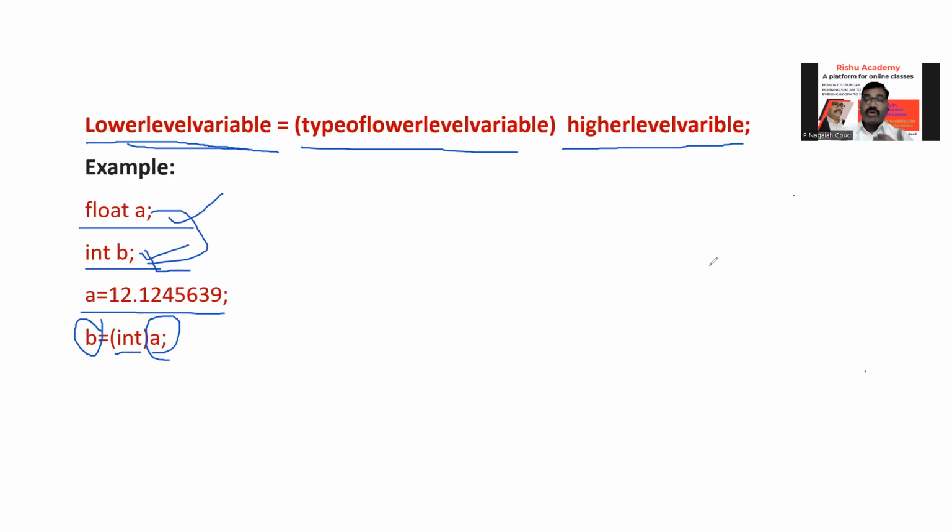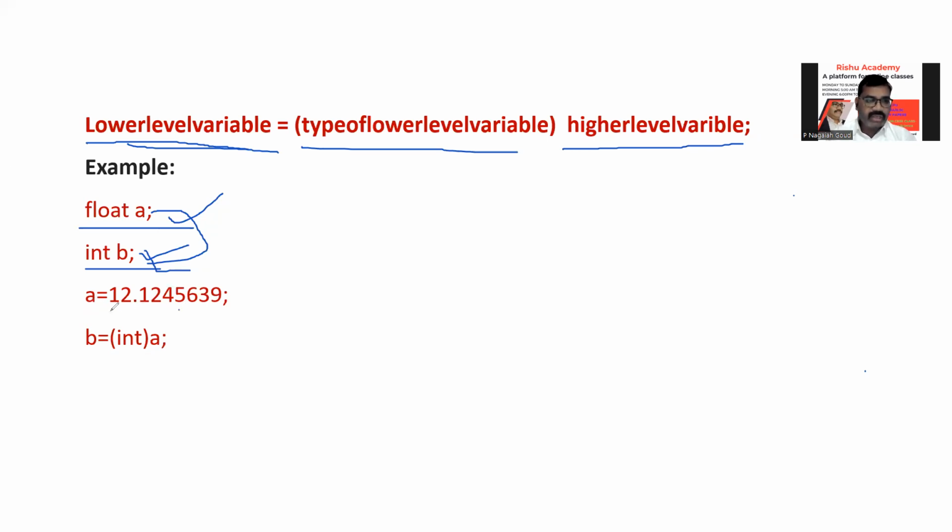So the programmer has to take care of converting higher order variable into lower order variable. During explicit conversion, there is a loss of data. In this example, what is the actual value of A here?